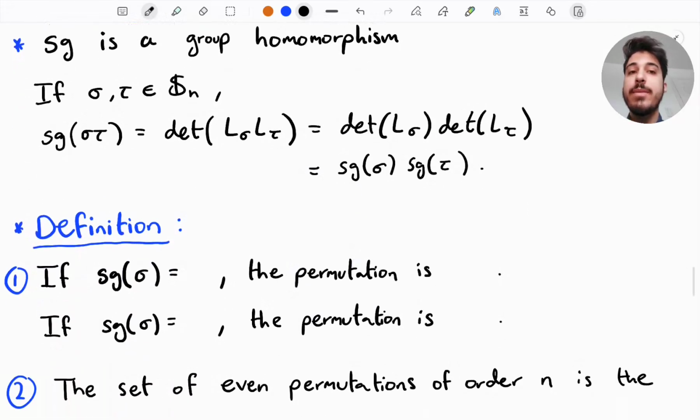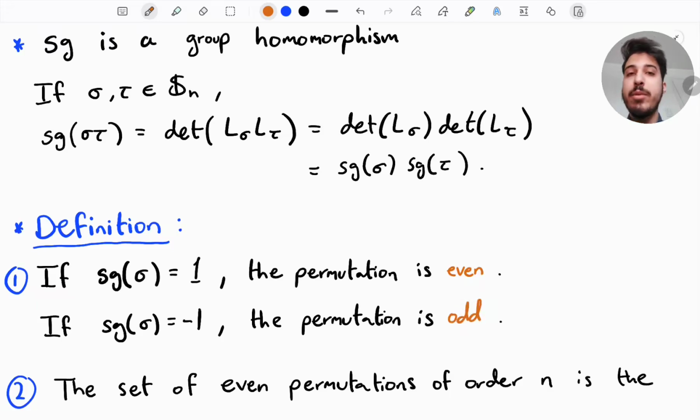Now, if sign sigma is equal to 1, the permutation is called an even permutation. If the sign map gives a minus 1, the permutation is an odd permutation.